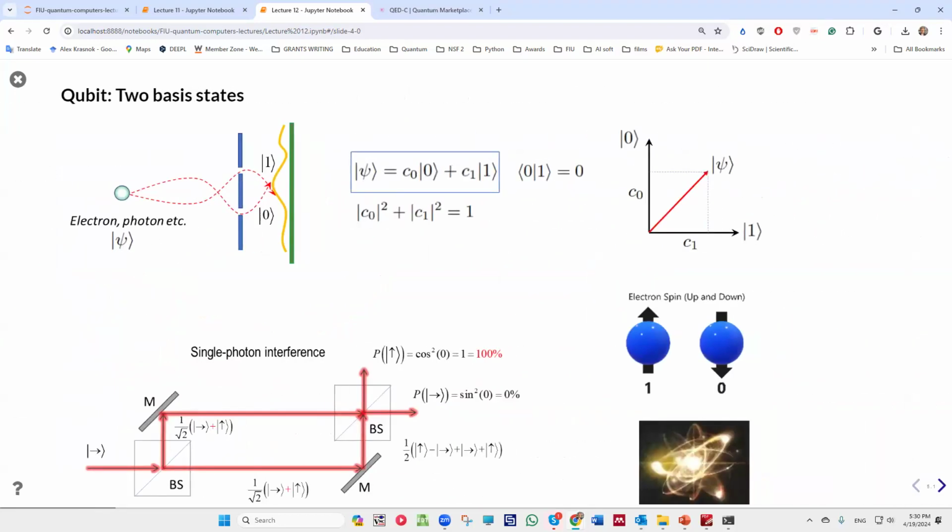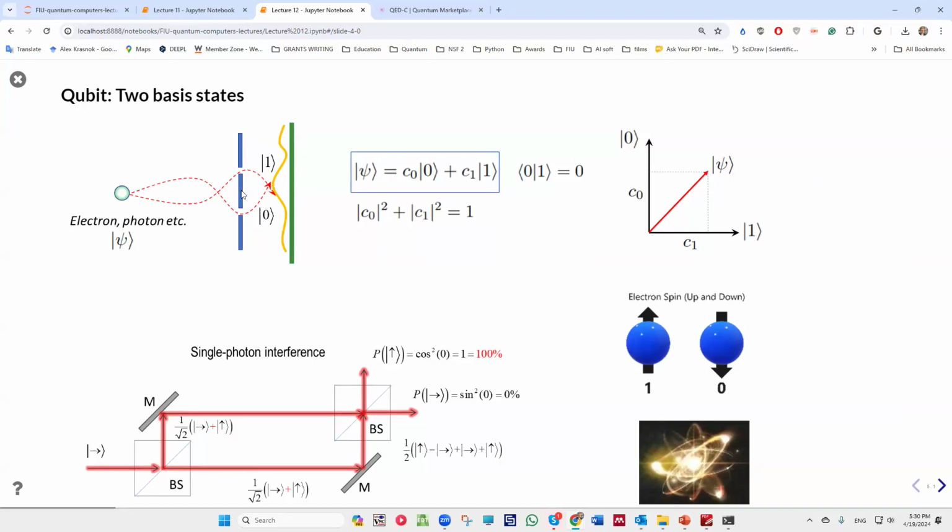And of course, if you measure the system, the quantum state collapses to one particular state, right? Usually, we don't need many, we just need two. And the system with two quantum states is called a qubit.